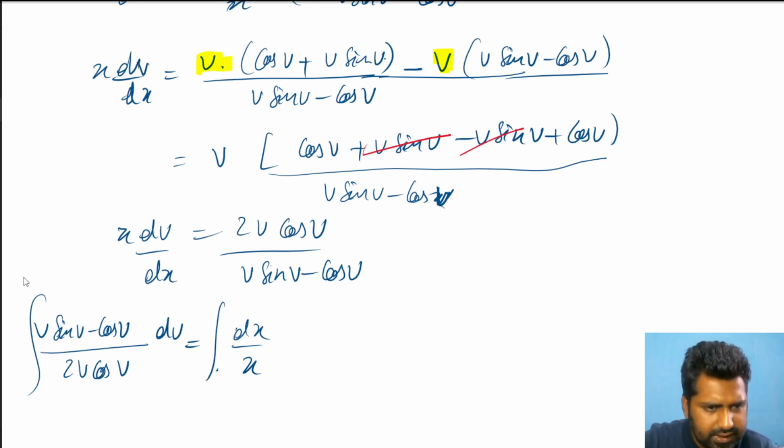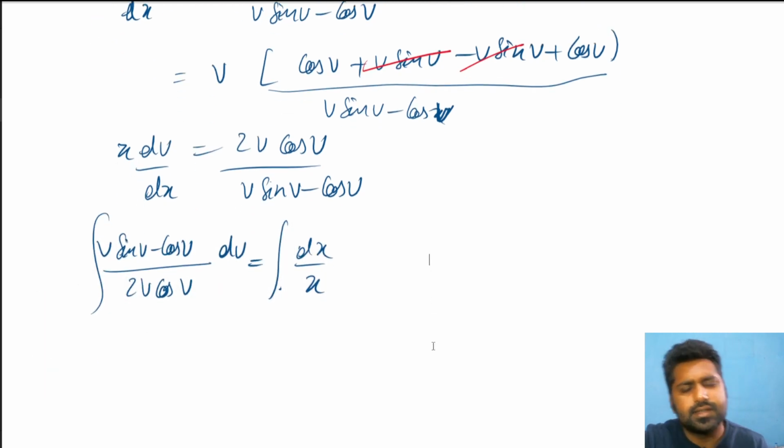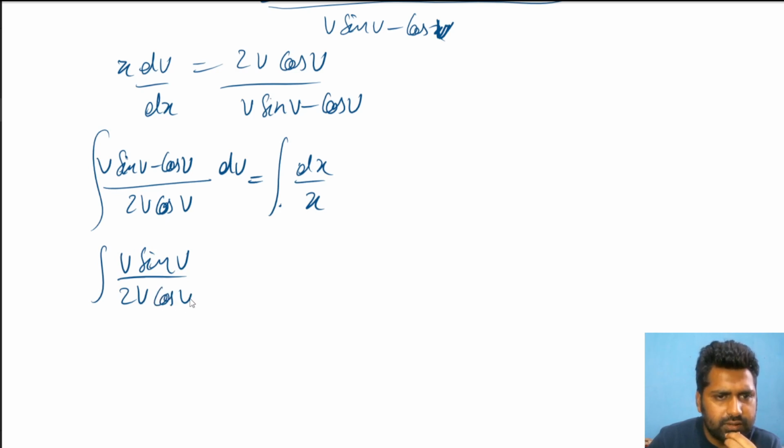It's not the right side that's the problem, it's the left side that is going to be slightly difficult. So 2v cos v is a single denominator, so let's split it. So v sin v upon 2v cos v minus cos v upon 2v cos v. I think after splitting it becomes very obvious.